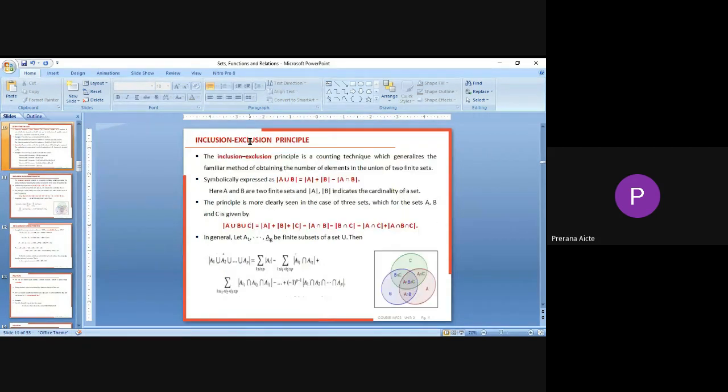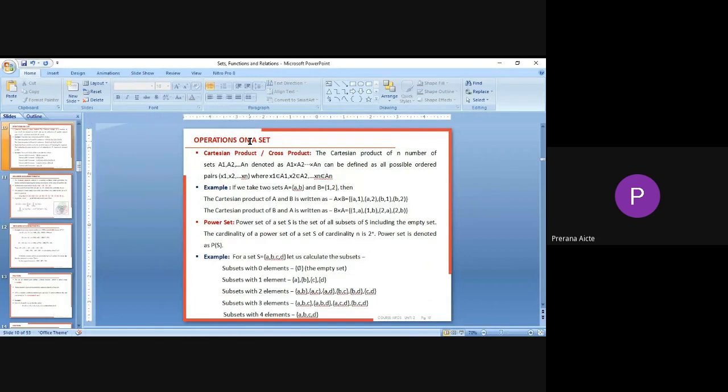The Cartesian product of n number of sets A1, A2, ..., An is denoted by A1 × A2 × ... × An, and it can be defined as all possible ordered pairs, with x1 from set 1, x2 from set 2, x3 from set 3, like that. We'll consider all possible combinations from the given n number of sets.